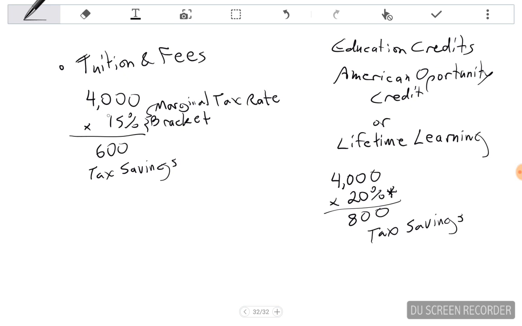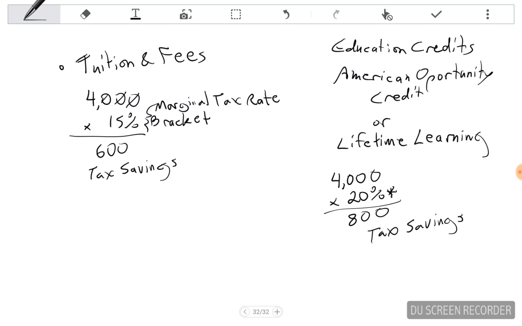And on the other one, I'm only going to get what my bracket, my marginal tax rate, is as a savings. So in lower tax brackets, normally you're better off taking the credits. Higher tax brackets, like if I'm in the 25% tax bracket or 30-something percent, and I can qualify to take tuition and fees, I'm normally going to be better off.